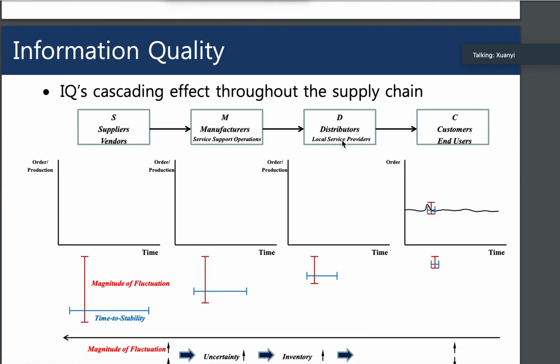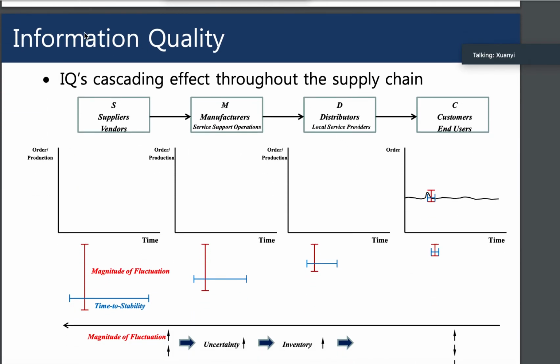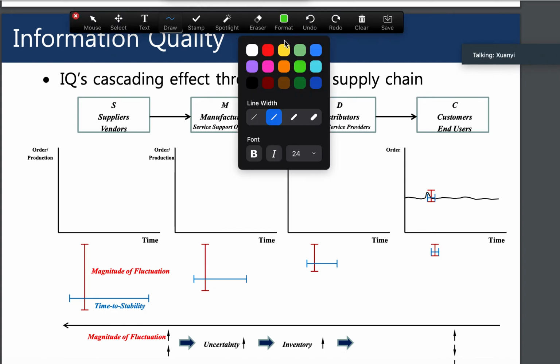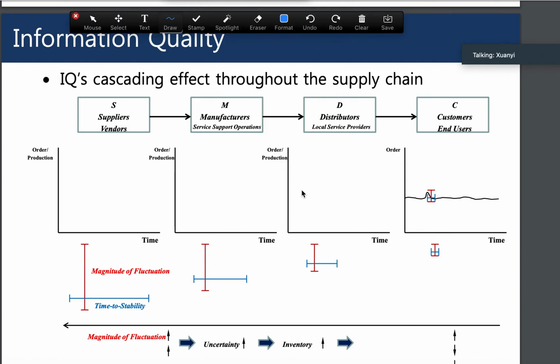So now we look at another diagram. It is called the information quality cascading effect throughout the supply chain. So I will do some graphing for you. When we are stocking our products, when we're deciding our inventory, we always have a magnitude of fluctuation and time to stability.